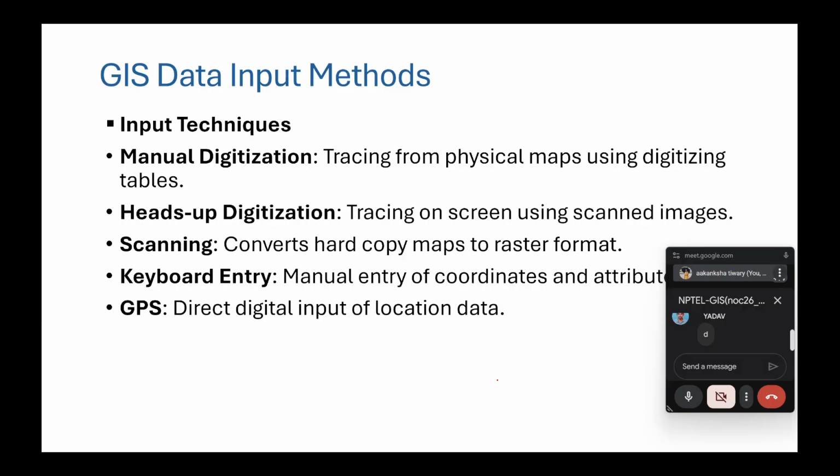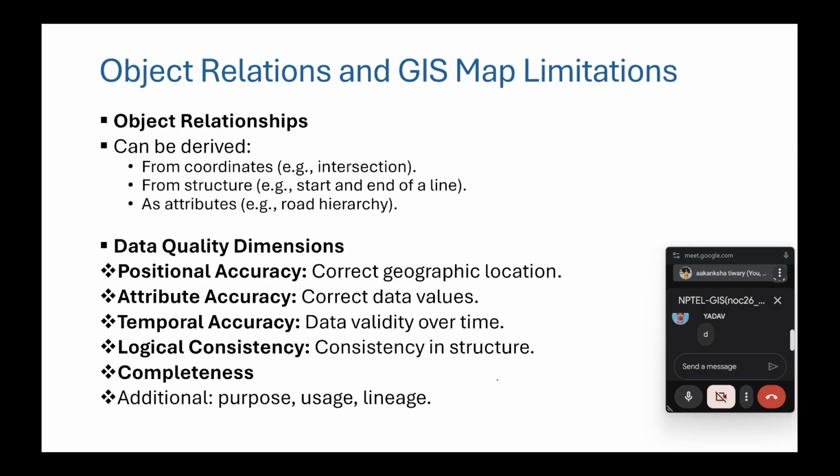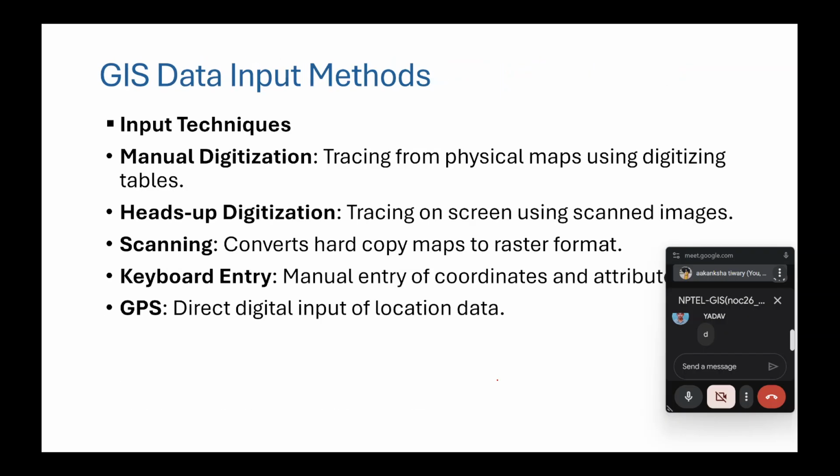Okay, so now we will talk about this positional accuracy, which is related to geographic location. So for that, we have different things, like there can be different ways from which we can make digitized maps. Okay, so what is digitization?